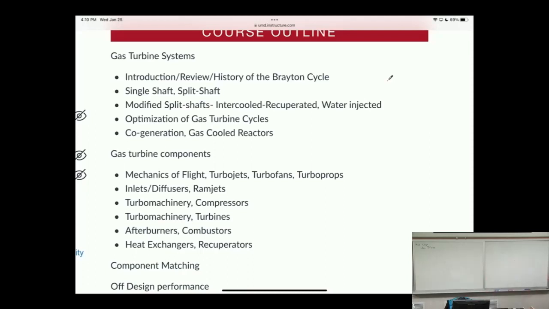But we're going to get into the mechanics of flight, inlets and diffusers, particularly with ramjets and supersonic aircraft, and turbomachinery. We're going to spend a lot of time on compressors. There's a lot to deal with. In Thermo 101, the compressor was like a circle, and it had an inlet state and an exit state, and the power of the compressor was m dot times h2 minus h1.